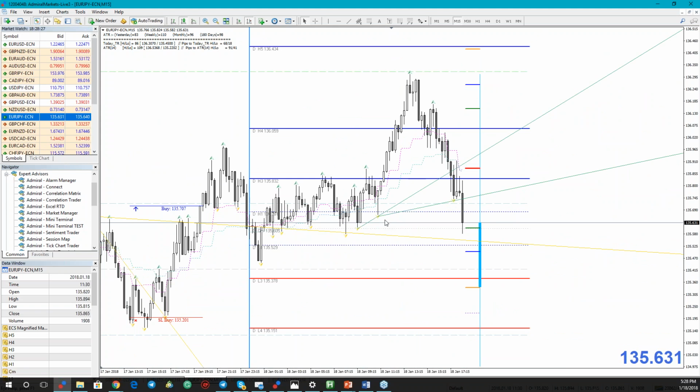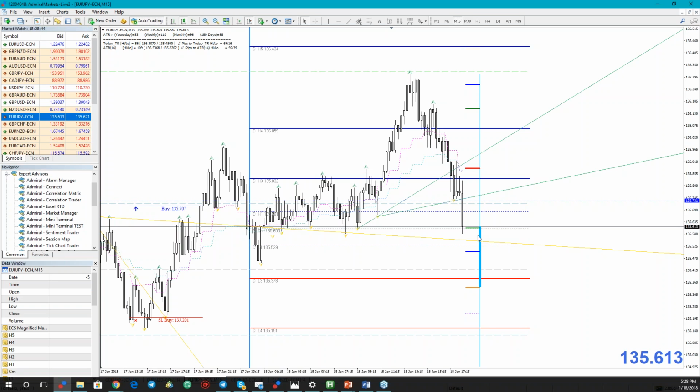I didn't take this trade, but at least you see on the 15-minute time frame, a short entry was actually signaled here. So you see how it works. It can be very, very accurate. Of course, it needs some filtering out, but ultimately it's good, and it shows some nice setups.